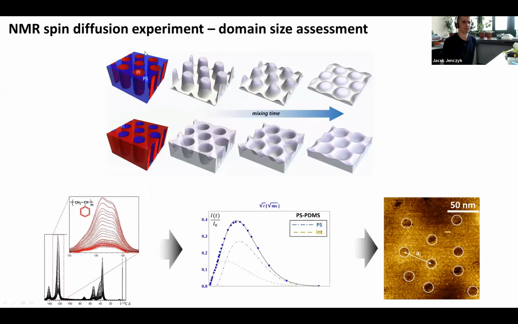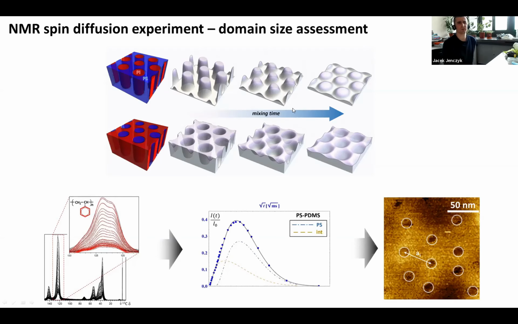For example, we have a rigid matrix and soft cylinders, and introducing a dipolar filter, we initially see magnetization profiles like this. So we get rid of magnetization within the hard matrix, while we leave the magnetization within the soft components.